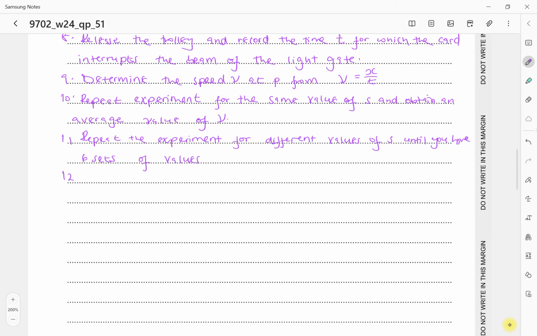Then step 12. Now this part is where students always forget. They skip this part, yet making the subject, trying to rearrange the equation, gives you a mark.